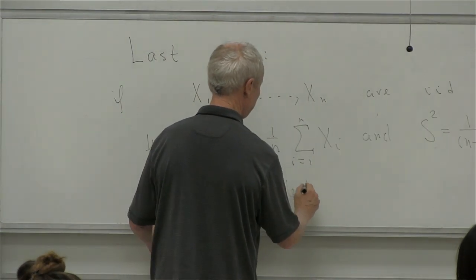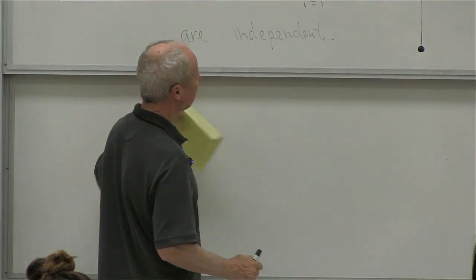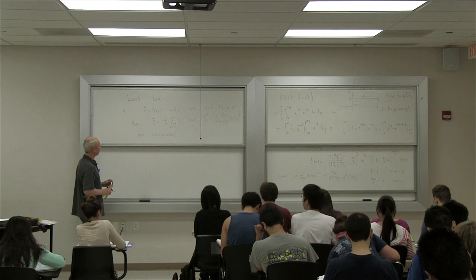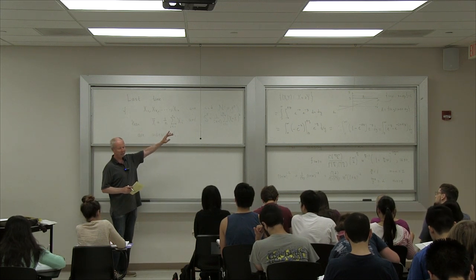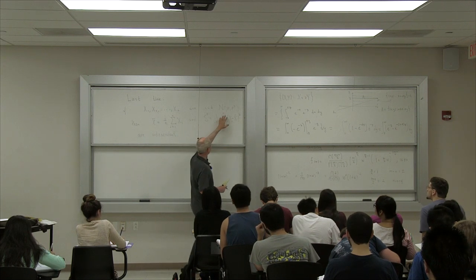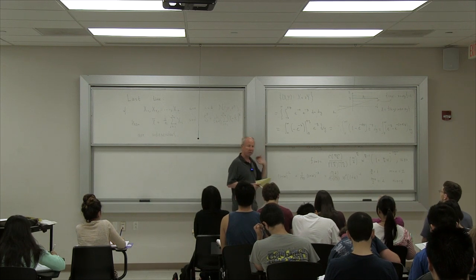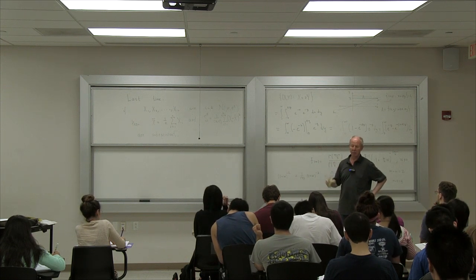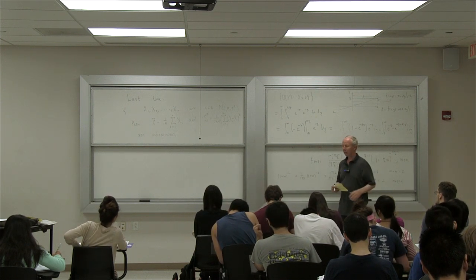Last time, we showed that if you have independent normal random variables, then their sample mean and sample variance are independent. Actually, to be honest, we only did this when mu was 0 and sigma squared is 1, but minor modifications of what we did establish this.